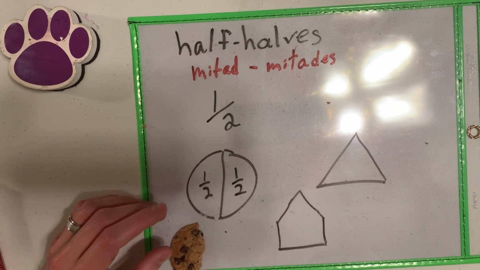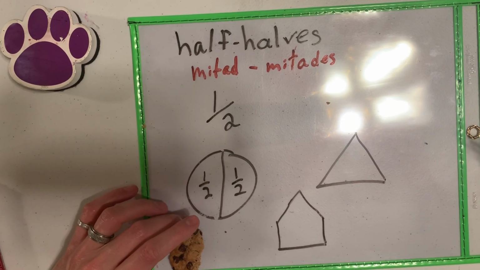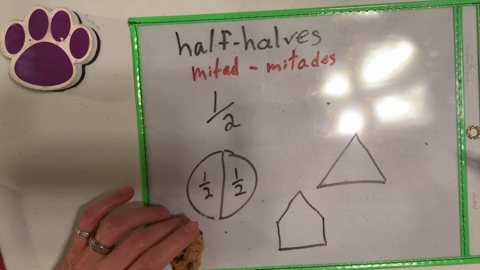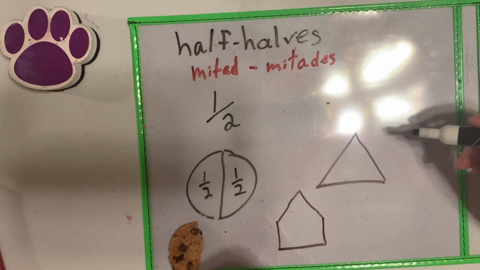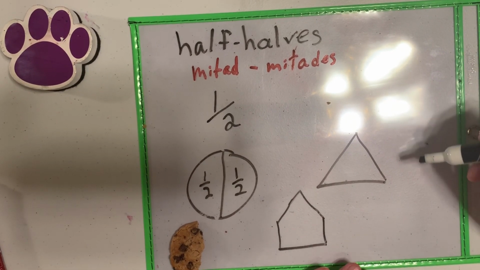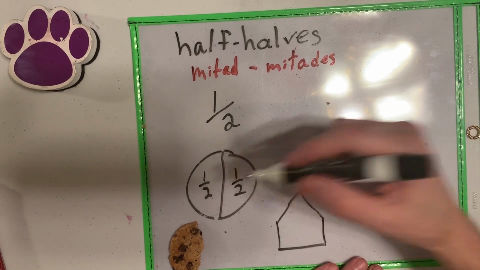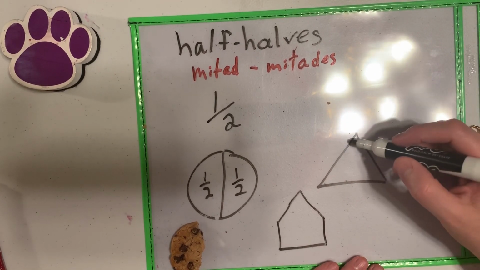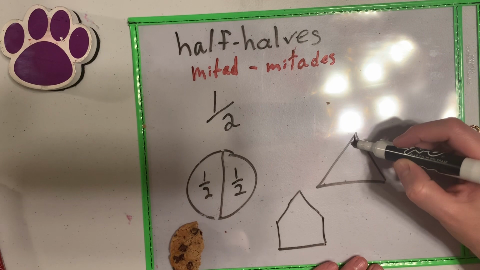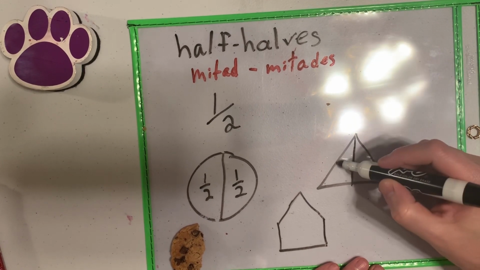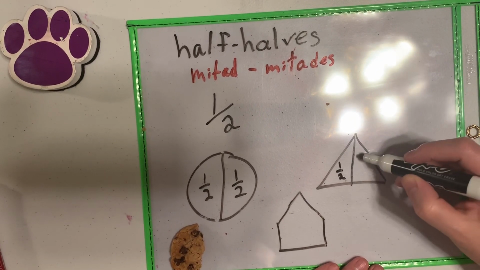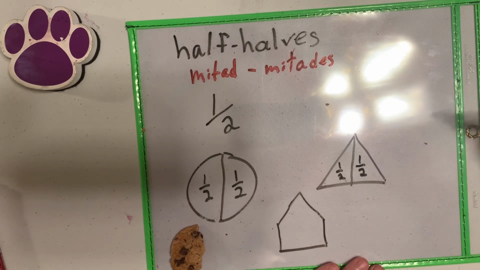Now, let's divide the triangle. Same process as the circle. I divide it into 2 equal parts. 1/2, and this is the other half.